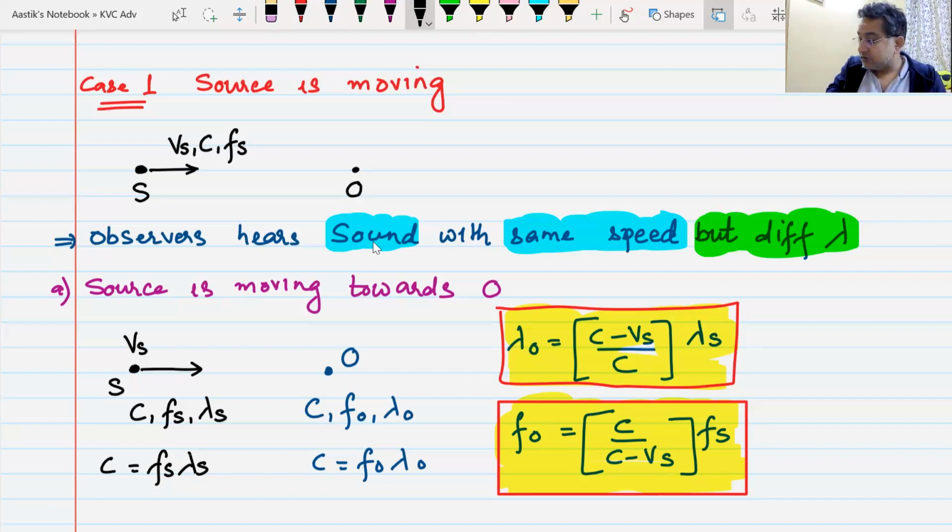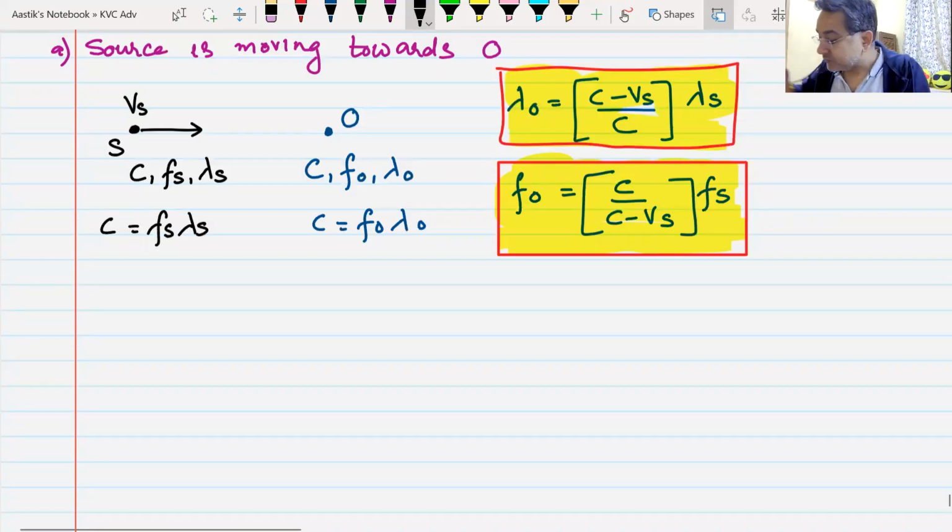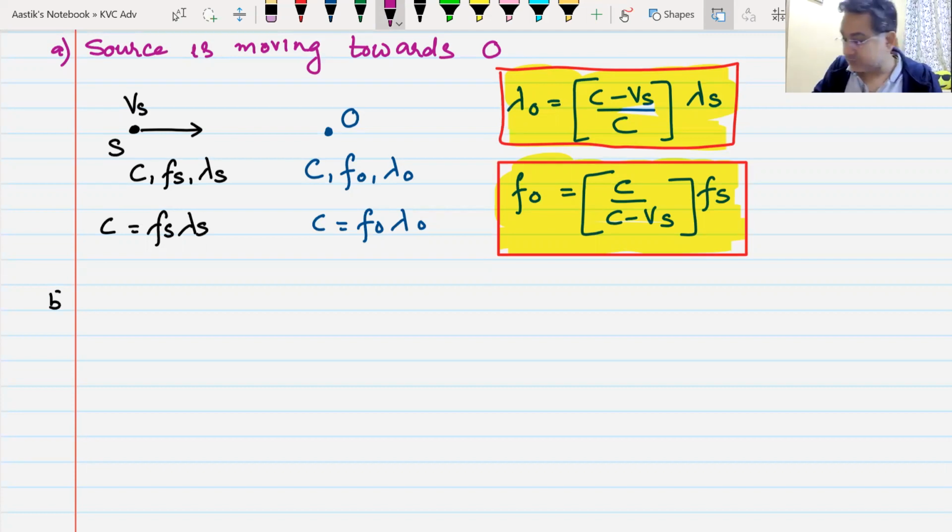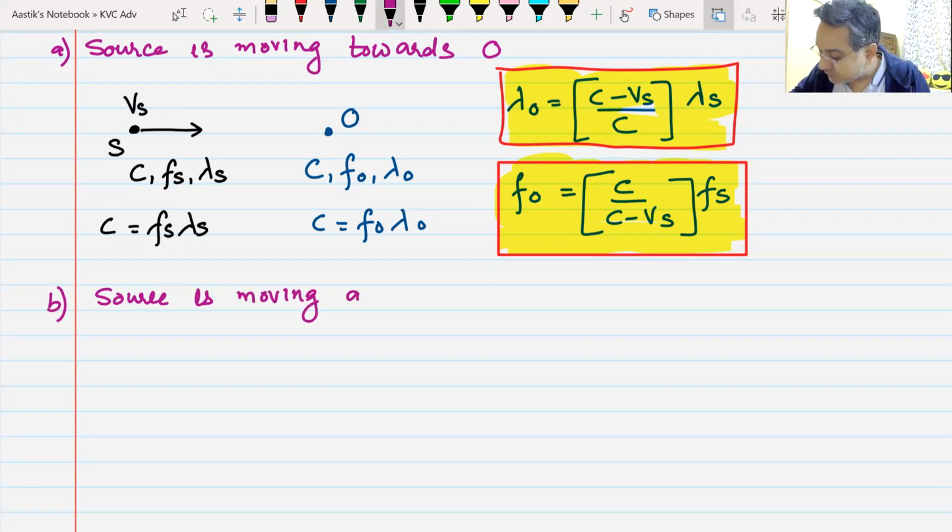Now, similar is the case number B, when the source is moving away from the observer.